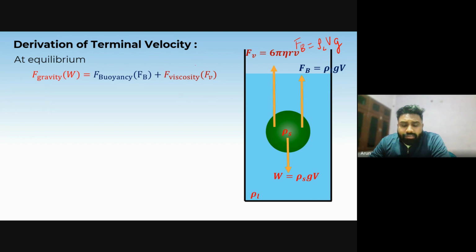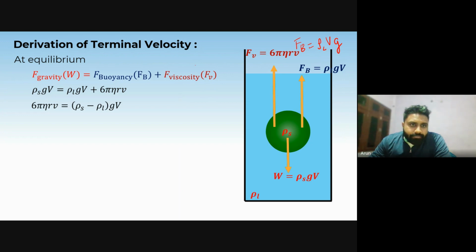We will put in the values of these forces, and what do we have? 6 pi eta r v. We will take this term to this side, so it will become minus. Taking g and V as common, it will become rho s minus rho L into g into V. Now, the volume of this sphere is nothing but 4 by 3 pi r cube.